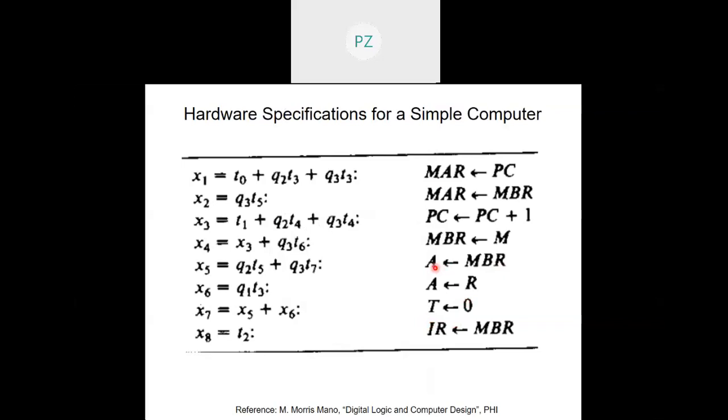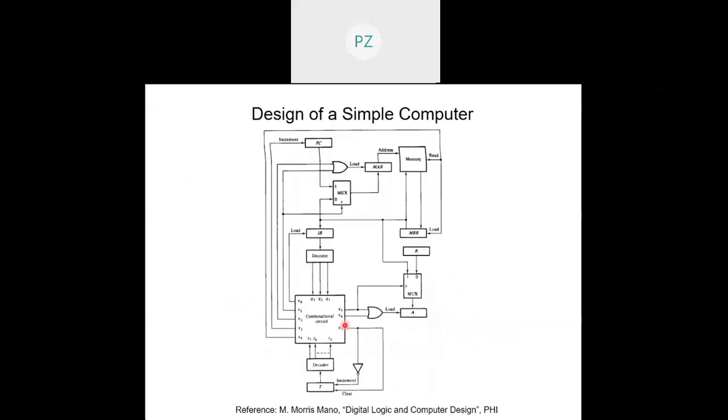Now X6, R to A. When X6 is high, X5 must be low, so R should be directed by this multiplexer at its output. So when either X5 or X6 is high, A has to get loaded. In one case, A has to be loaded with MBR, and in the other case, with R, right?